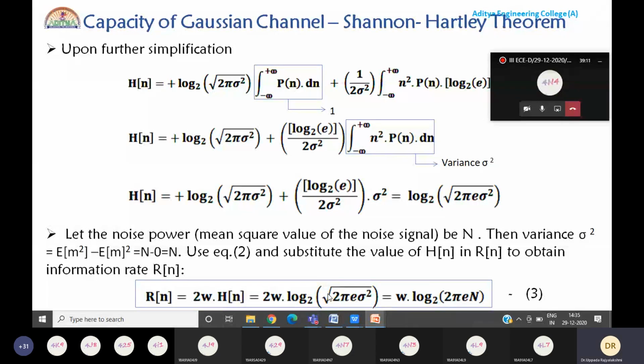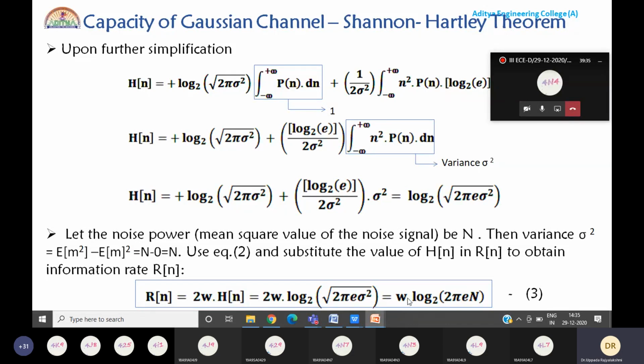Now inside the logarithm, if you observe carefully, it is log of 2 pi e sigma square whole power 1 by 2. So I can take that power 1 by 2 as a product outside the logarithm. So 1 by 2 into 2 omega into log 2 pi e sigma square. But sigma square is N, that is the same as noise power.